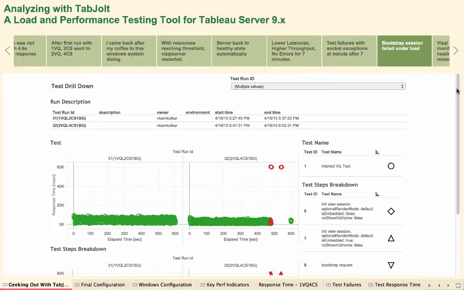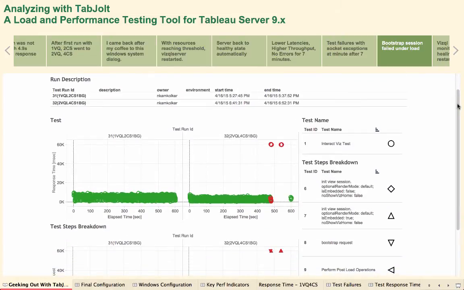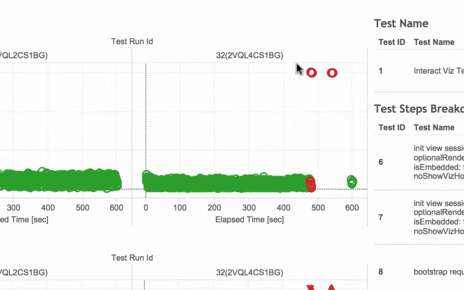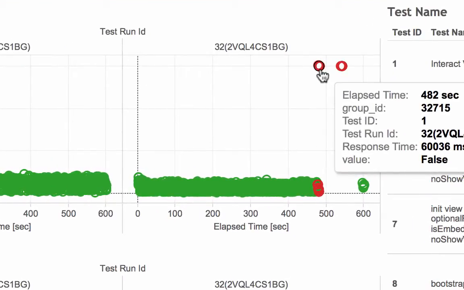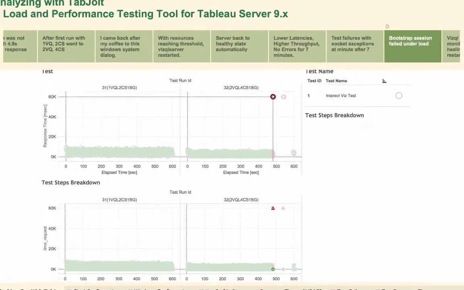TabJolt also allows you to drill down into the tests themselves. So here what you're looking at is the first baseline test, and this is the second. 32 is the test run ID. 32 is the second test that we just completed. So in the second test, you see that TabJolt is showing you that there were some errors at the top, and when I click on those, TabJolt is now showing me the hierarchy of the requests.